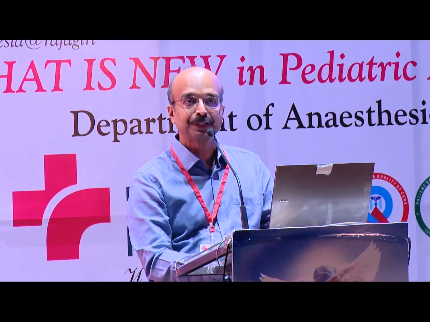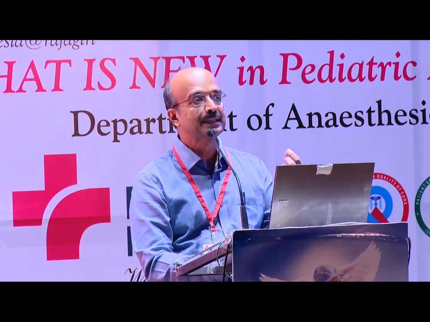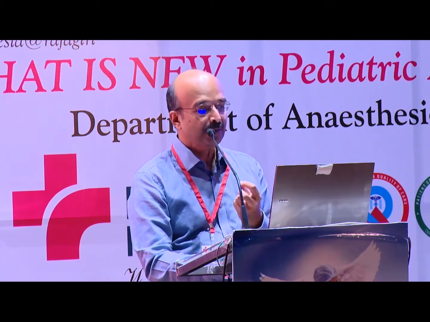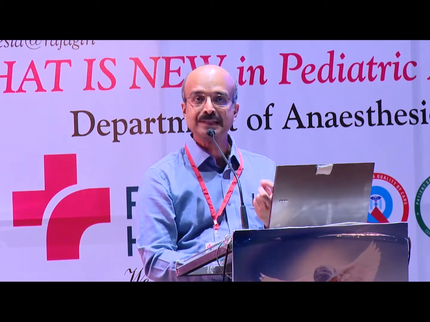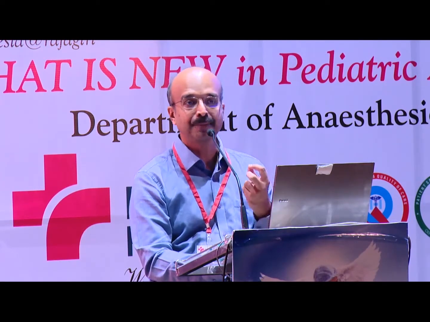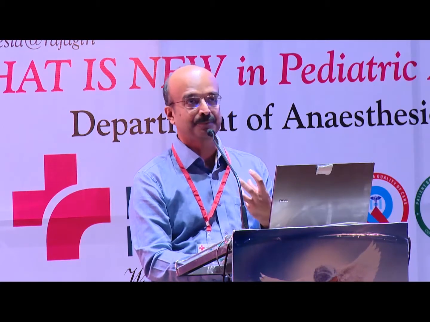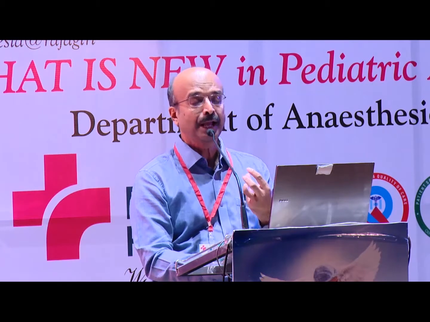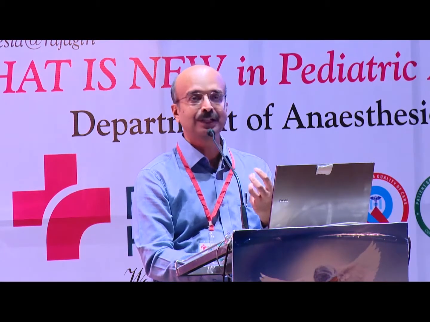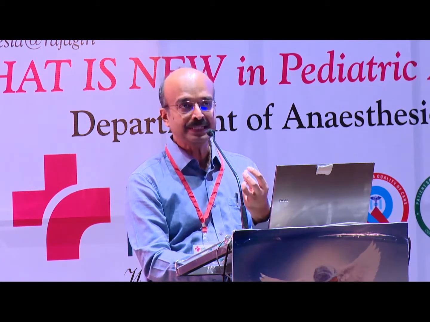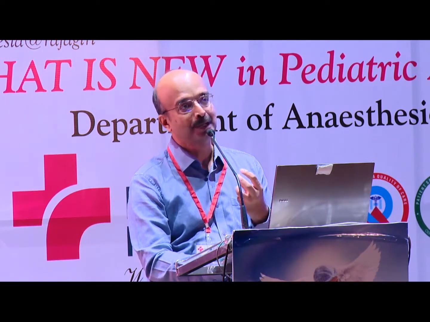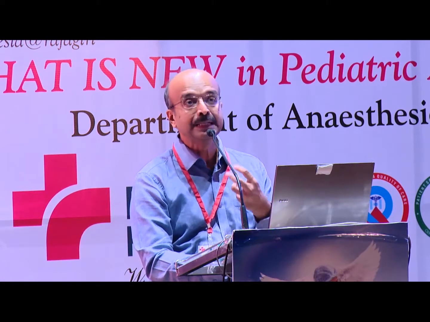For example, if it involves the cervical level, the first thing that comes to mind is difficulty in intubation. When it happens at the thoracic level, we are very concerned about the respiratory system, and preoperative pulmonary function becomes extremely essential. Fortunately, cervical involvement is very rare. The majority are thoracic, thoracolumbar, and pure lumbar. Thoracolumbar is very, very high.